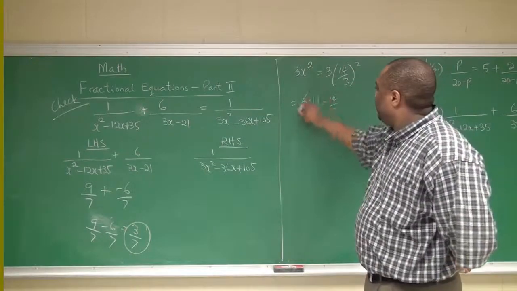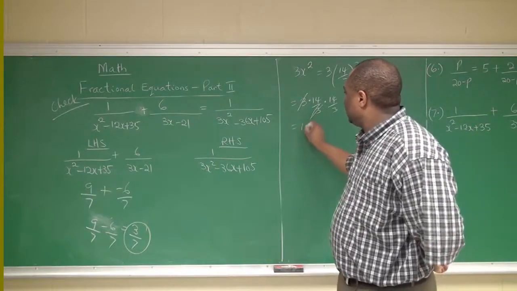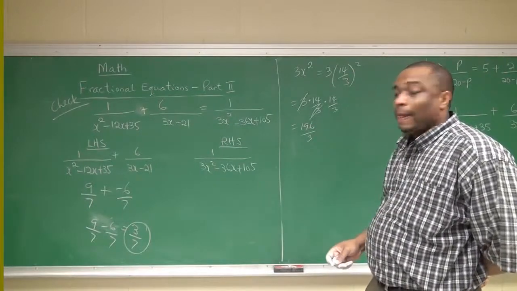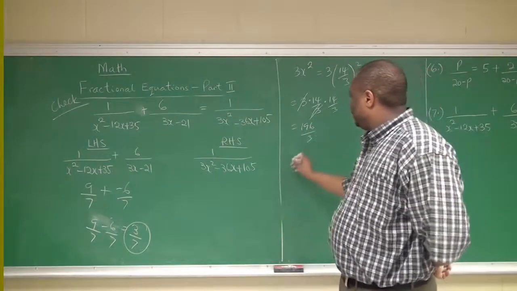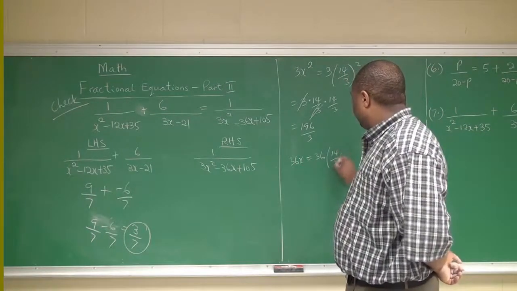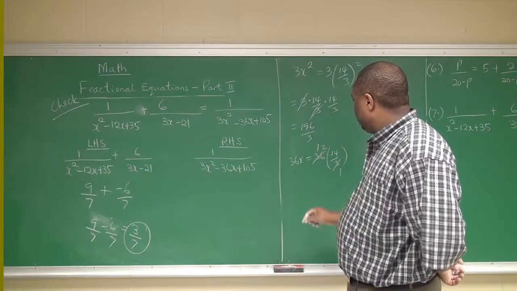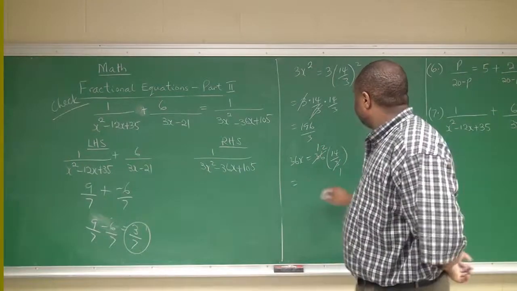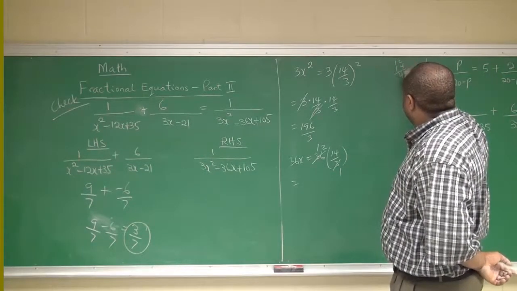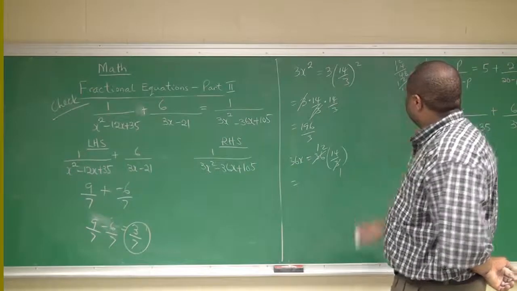So 3 divided by 3 is gone. 14 times 14 is 196, so 196 over 3. Then 36x will be 36 times 14 over 3. 3 into 3 is 1, 3 into 36 is 12. So 12 times 14 is 168.